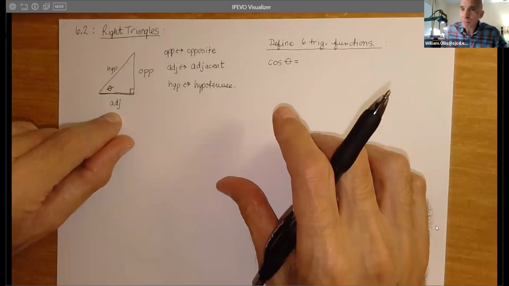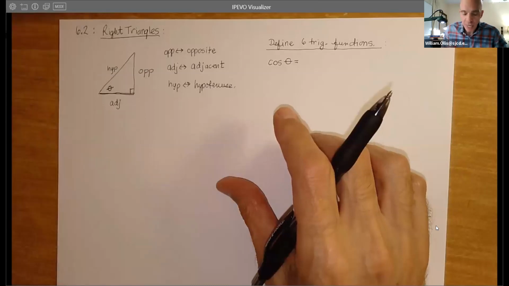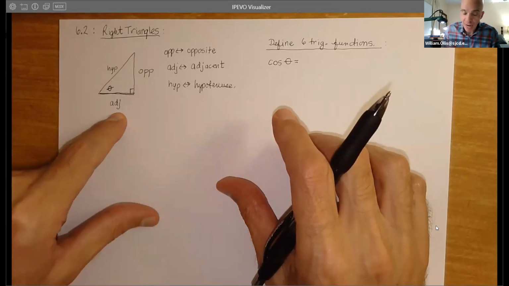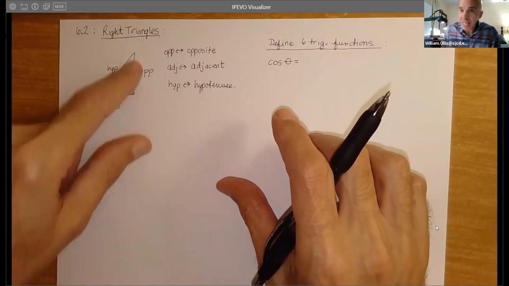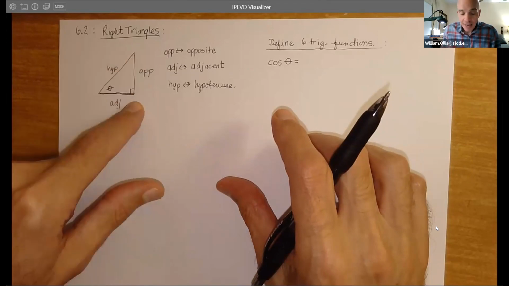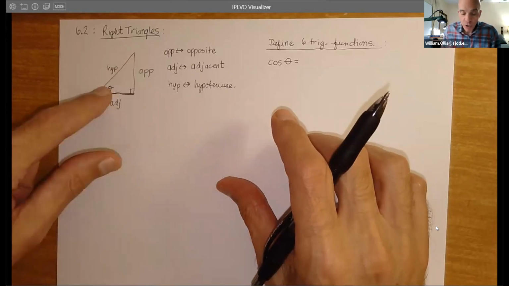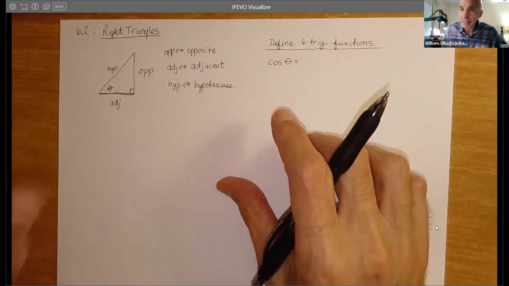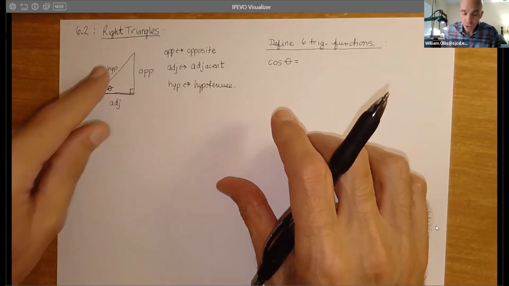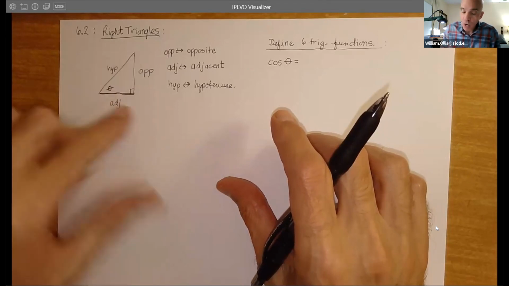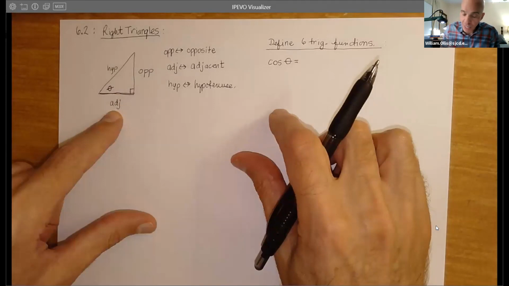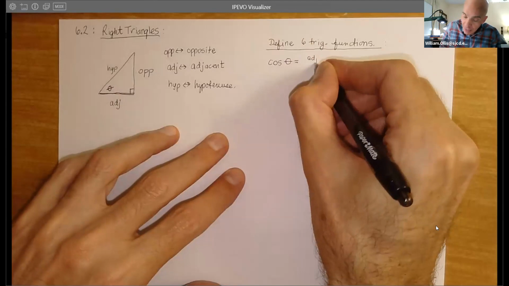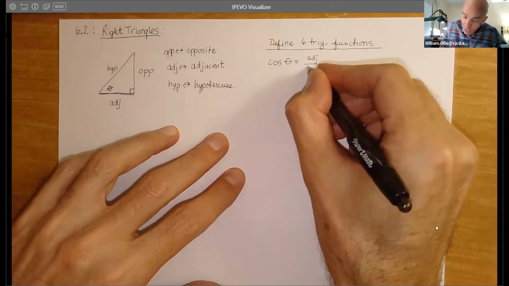We don't want to have the luxury of having two labels, so this will correspond to the length and it also labels the side. OPP will correspond to the length of the opposite side, and HYP, hypotenuse, will correspond to the length of the hypotenuse. Again, that's a double meaning, and we do it all the time, but I want to make sure that you understand that. So we're going to define the cosine to be the length of the adjacent side divided by the length of the hypotenuse.